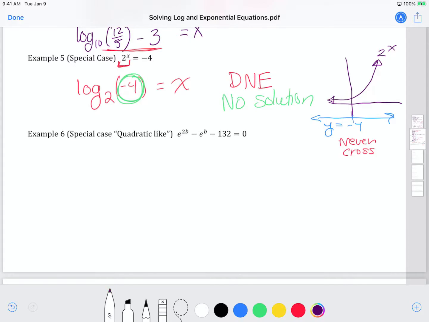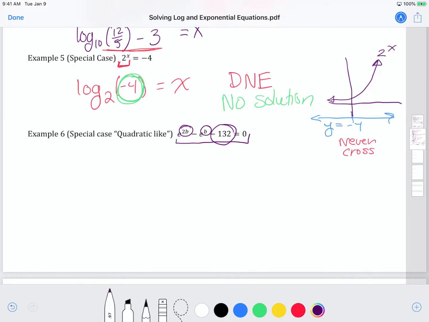Okay, and example 6, the very last example I'm going to show you for solving exponential equations, is an exponential equation that is in quadratic form. Remember, quadratic-like equation is when you have 3 terms, the last term is a constant, and this exponent is double this one.